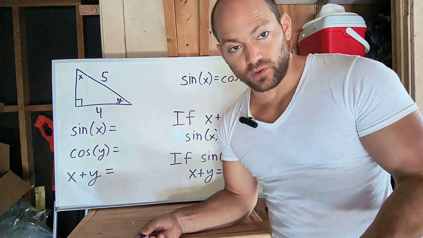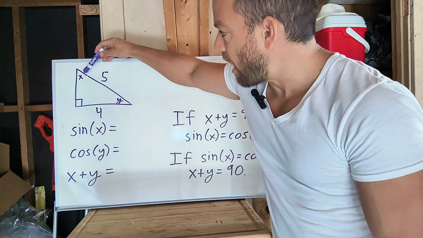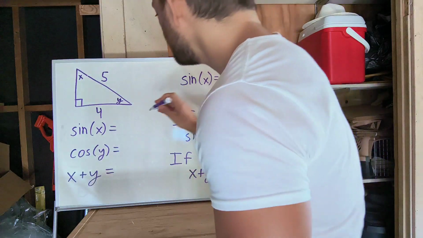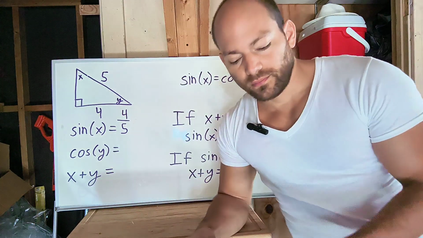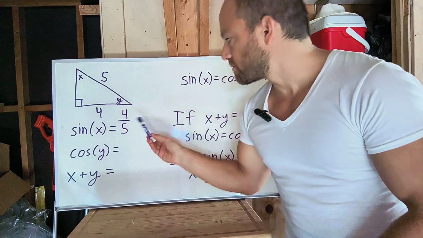Sine, as we know from SOHCAHTOA, is opposite over hypotenuse. So the opposite side of x is 4. Hypotenuse is 5. That seems okay, right? Opposite over hypotenuse, 4 over 5.